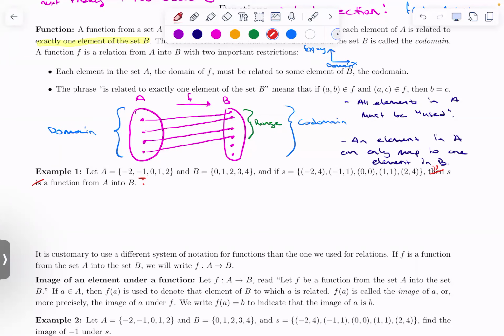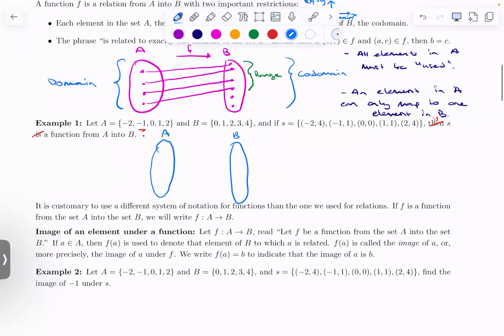But let's show why. Because it maps from A into B, A is going to be your domain, and then B is the codomain. So I'm just going to list these values.